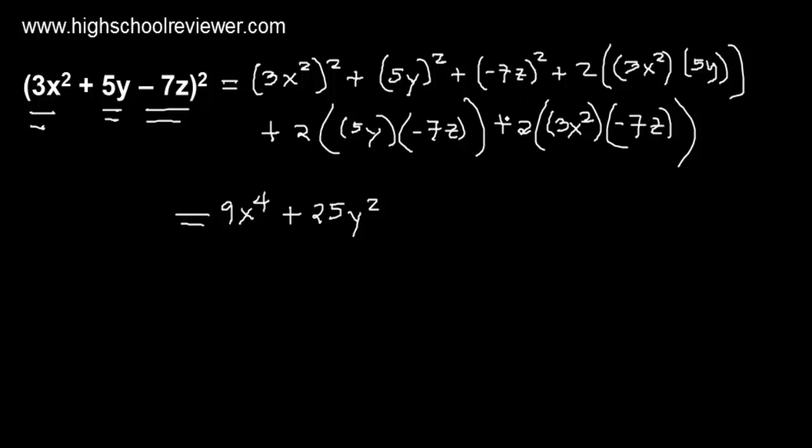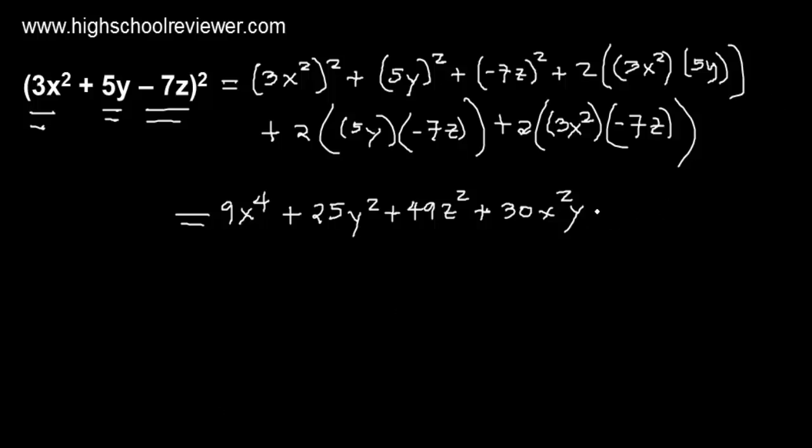Negative 7z raised to the power of 2, this will be plus 49z squared plus 2 times 3 times 5, this will be equal to 30, and x squared multiplied by y, this will be x squared y plus 2 times 5, this is 10, times negative 7, this will be negative 70. So this is not plus, but this will be minus 70.